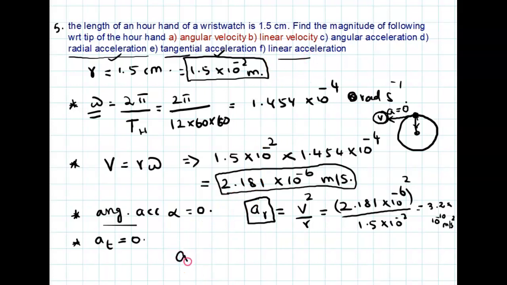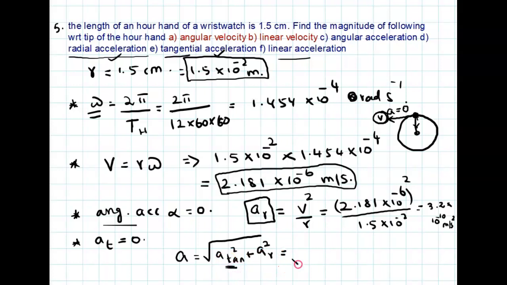Now the linear acceleration. The linear acceleration formula is a equal to square root of tangential acceleration squared plus radial acceleration squared.